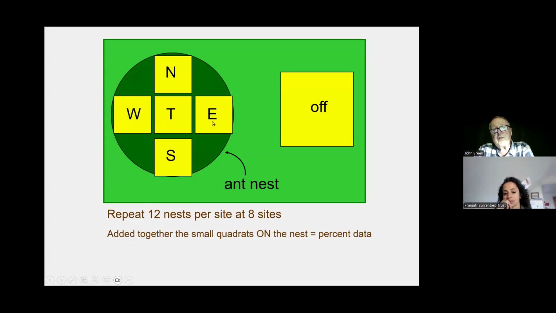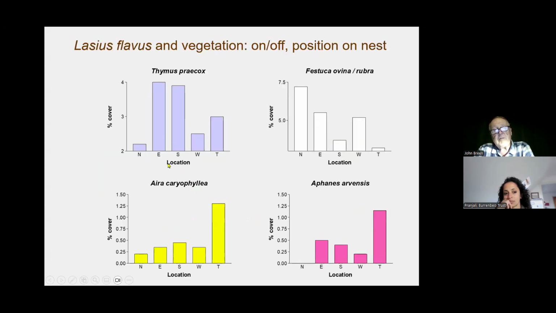This was 12 nests comparing whether plants were north, south, east, or west with small quadrats versus off the nest. And the wild thyme is one of the species, along with Festuca ovina and Festuca rubra, the fescue grasses. And these species are mostly associated with the nests and not off the nests.